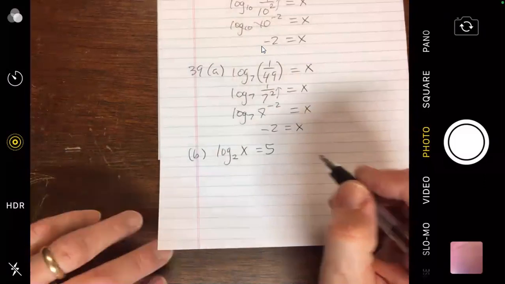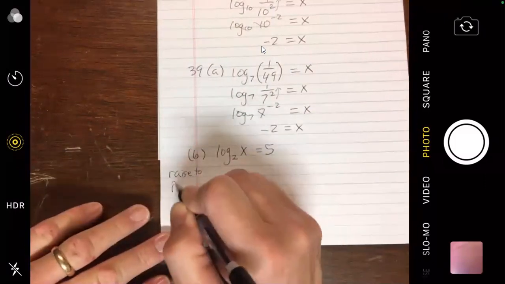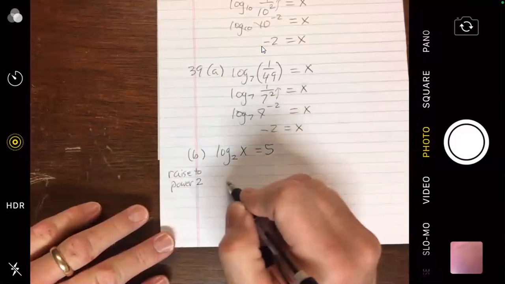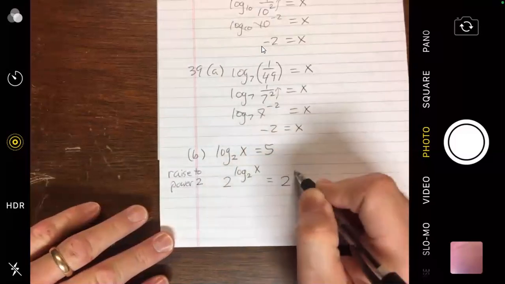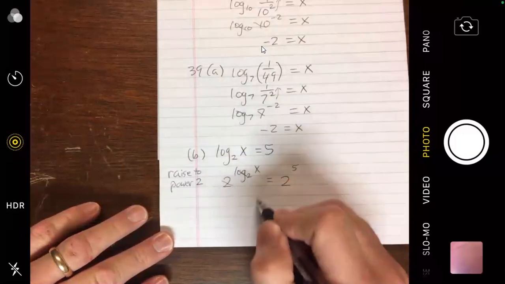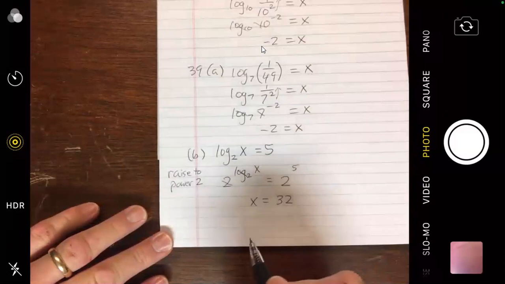All right, we're going to have to raise to the power 2. 2 to the log base 2 of x equals 2 to the 5th. Cancel. 2 to the 5th is 32.